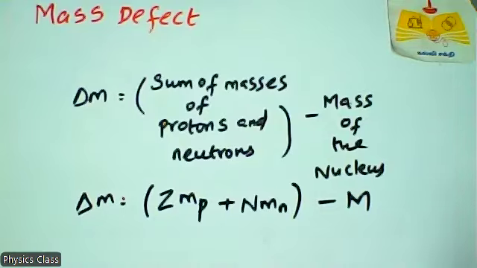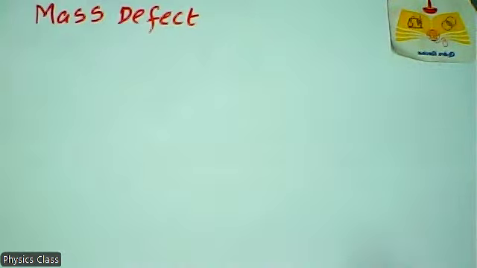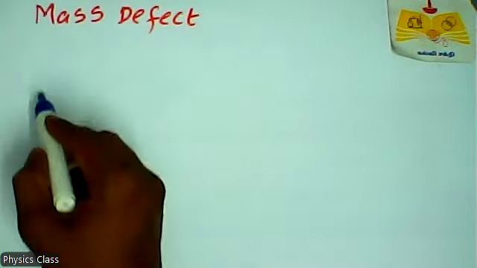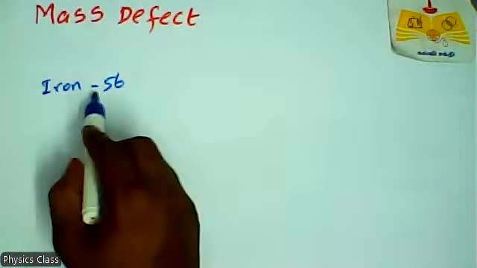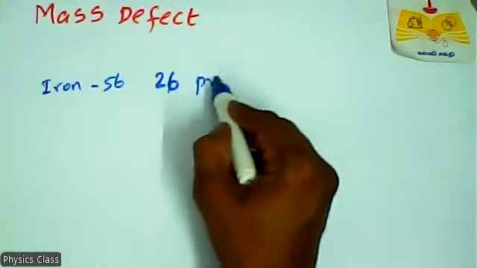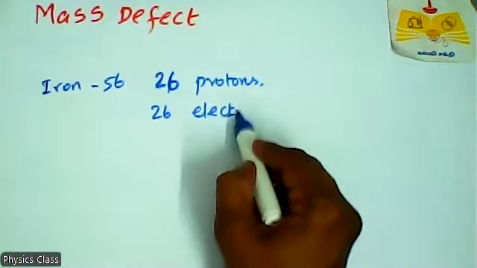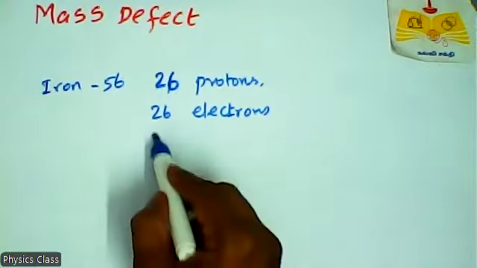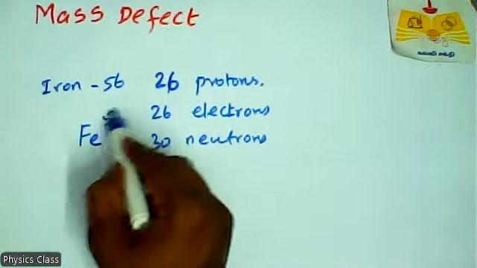For example, I can give another example, which is very interesting: iron-56. Iron-56 contains 26 protons, 26 electrons, and 30 neutrons, because, as you already know, the mass number is 56.